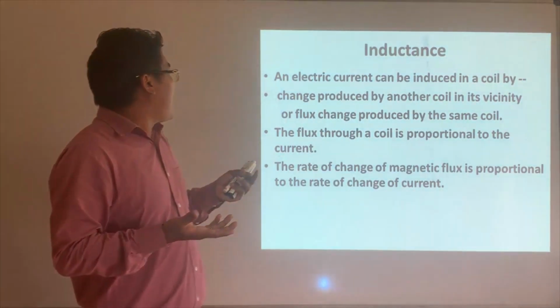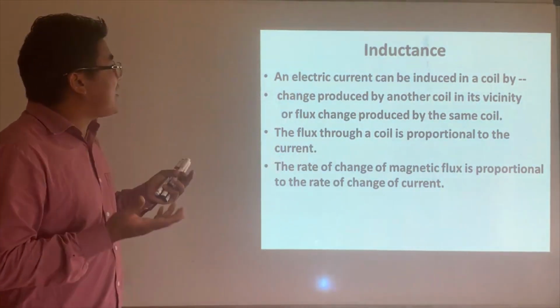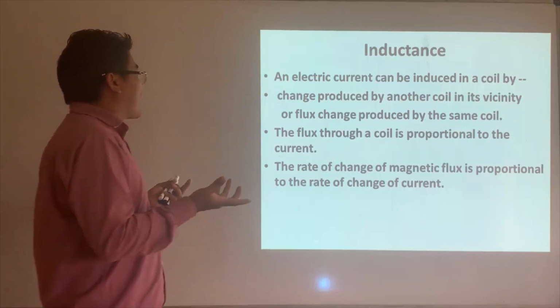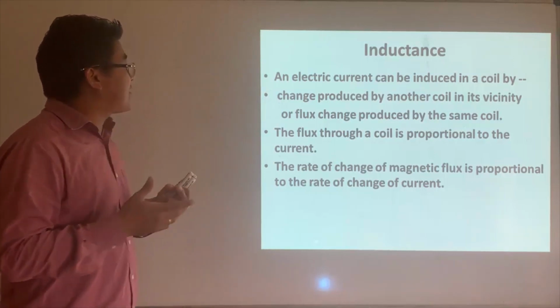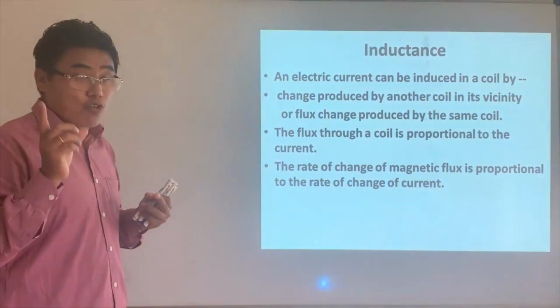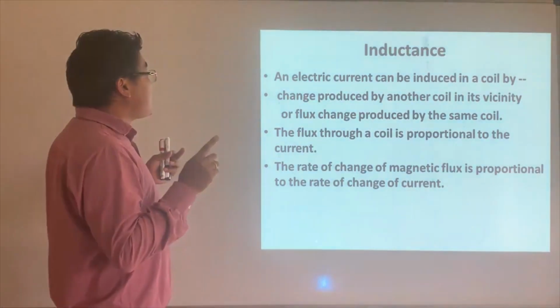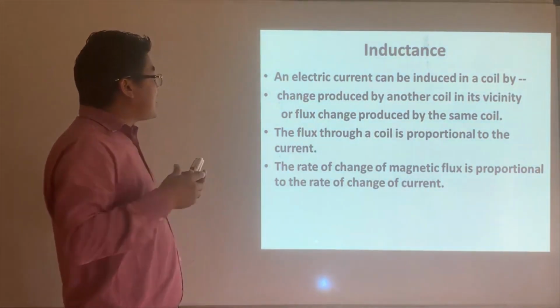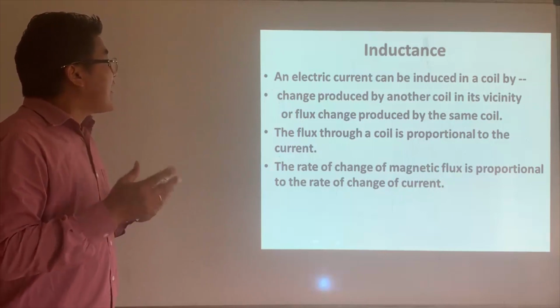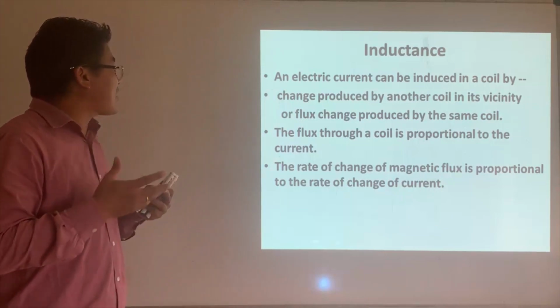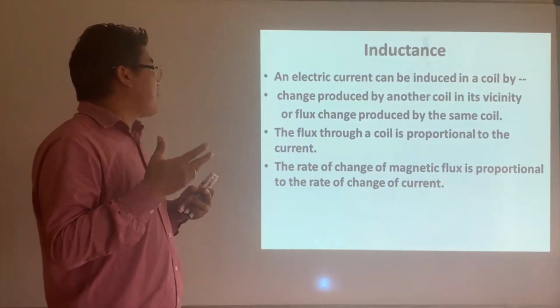So I said an electric current can be induced in a coil in two ways. Number one, a change produced by change, that means current, produced by another coil in its vicinity. Number two, a flux change produced by the same coil.